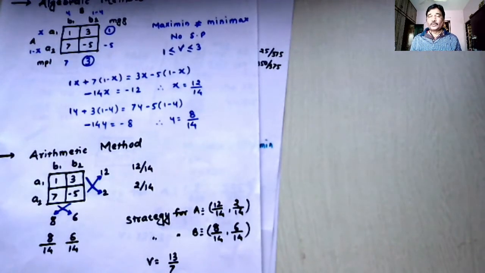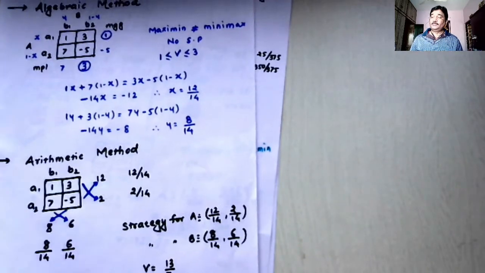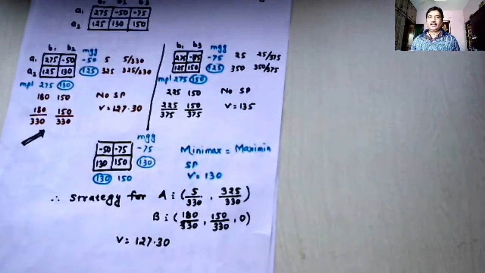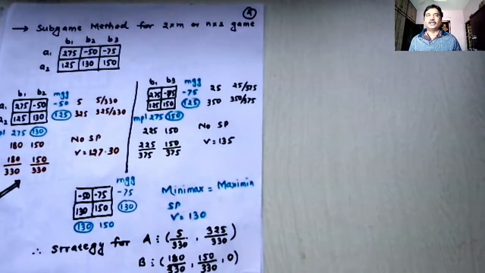Now, 2 by 2 means two courses of action available to player A and two courses of action available to player B. So if the game is not 2 by 2, then what? Suppose the game has either the rows or the columns as 2.